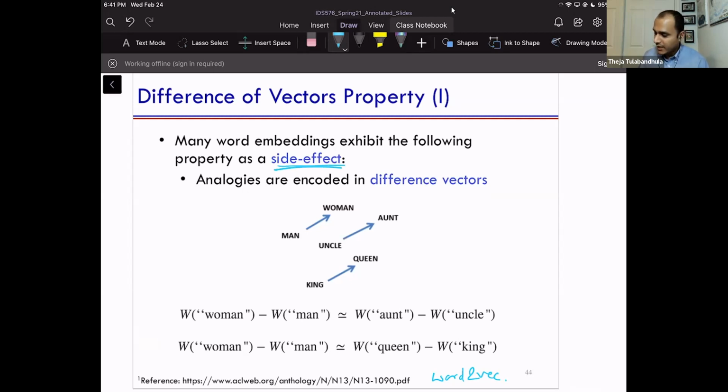You can subtract the vector representation for man from the vector for woman, and you get another vector, like an arrow in some direction. And when you compare that with the arrow you get when you subtract the vector for uncle from the vector for aunt, you get another arrow.